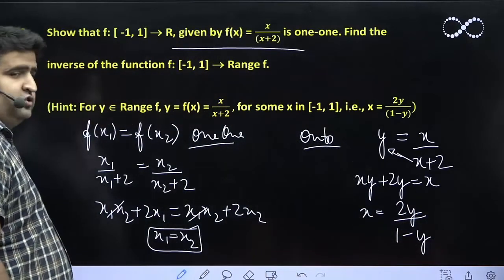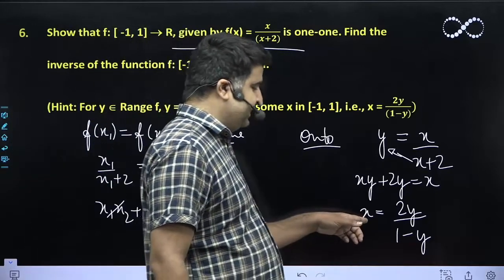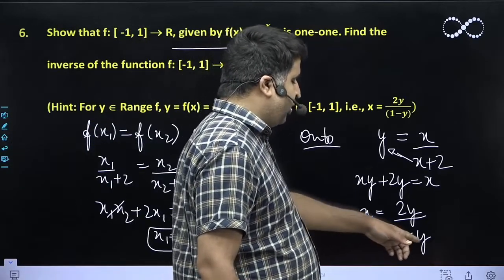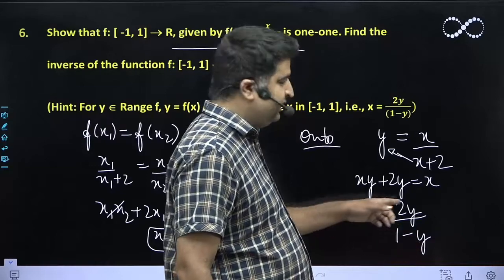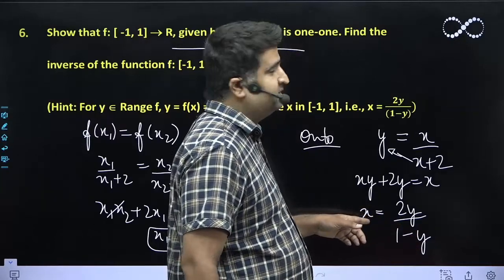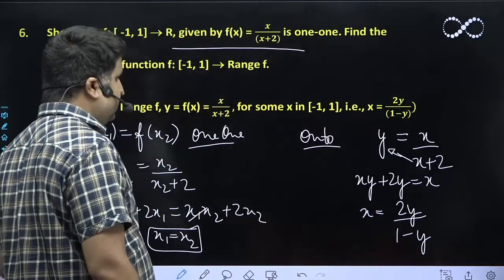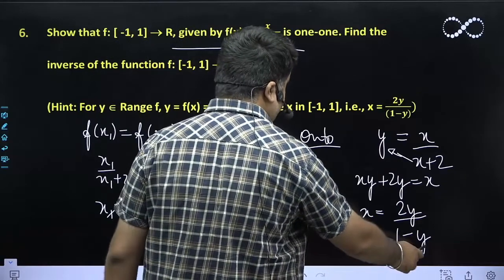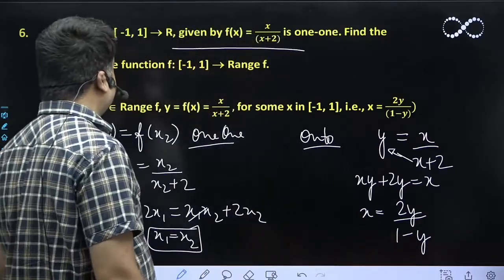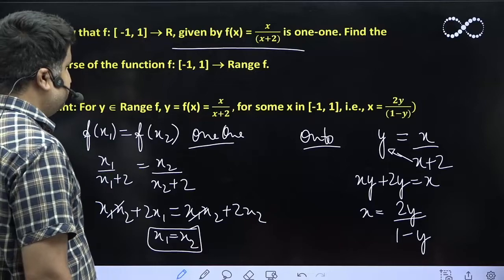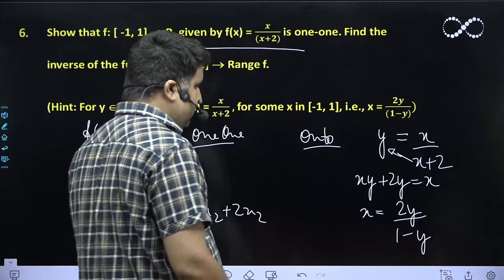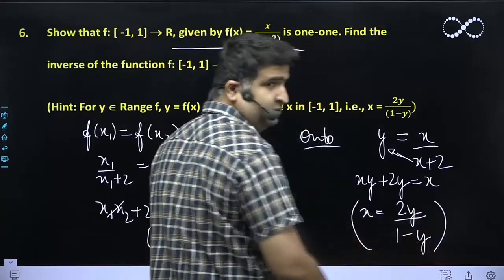Okay, so this is the value of x here. Okay, for all values of y, there will exist a unique value of x, except this value y is equal to 1.